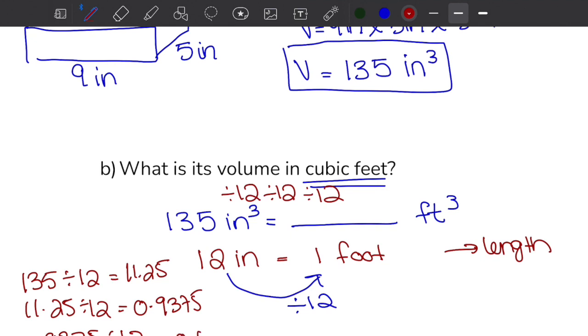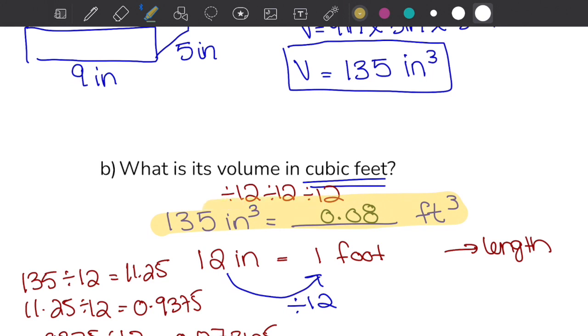So it's 0.078125. I'm going to round to the nearest hundredth. The question should tell you what to round to. So I'm going to take 2 decimal places. This is 0.08 cubic feet, and I'm going to highlight that answer.